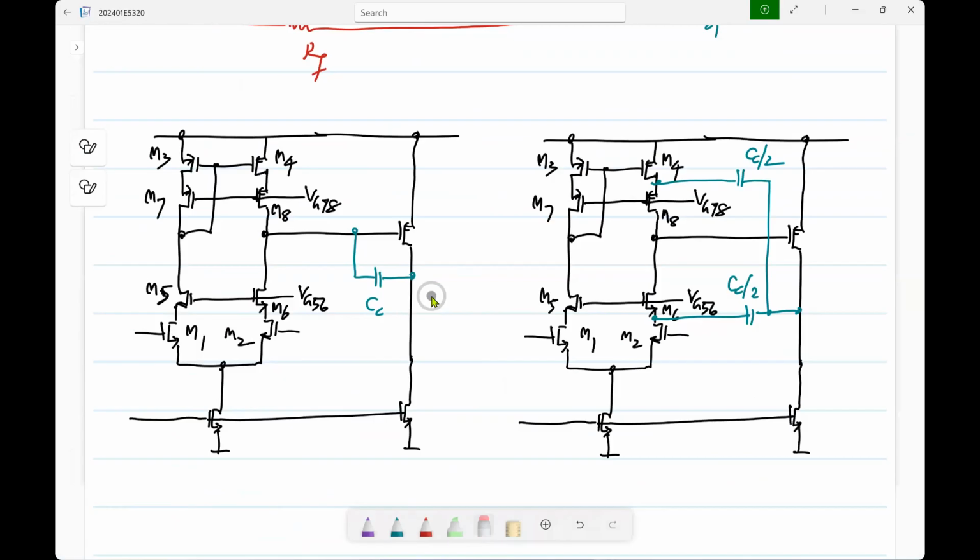Any other questions on op-amps, differential pairs, common mode feedback?